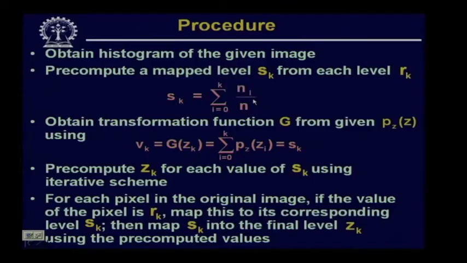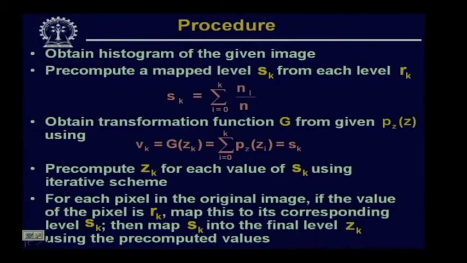Then from the target histogram you obtain the mapping function G, and for that this is the corresponding expression. Then pre-compute values of Z k for each value of S k using the iterative scheme. And once these two are over, I have a pre-computed transformation function which is in the form of a table, which maps an input intensity value to the corresponding output intensity value.